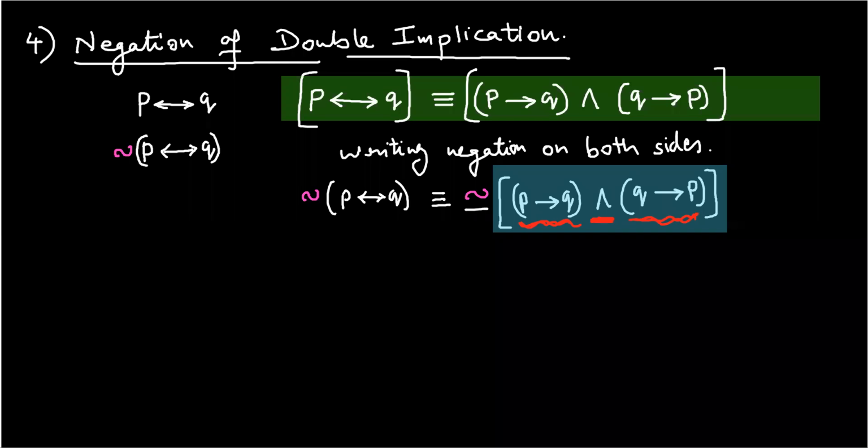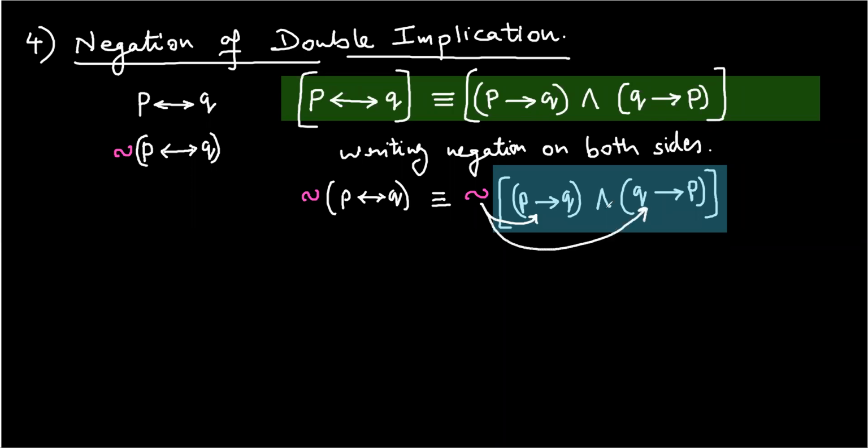So when I write the negation of this bracket, I will write negation of this, negation of this, and I will write or for the and.